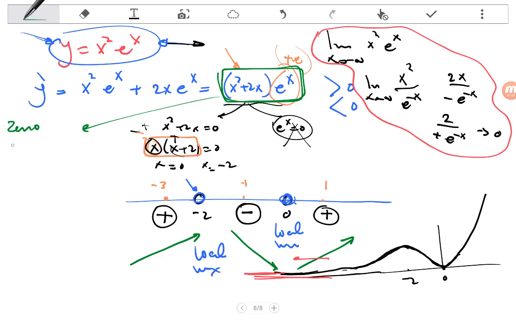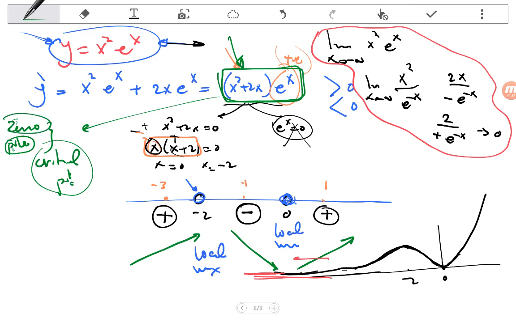The zeros and the poles of the derivative, when the derivative is equal to 0 or equal to infinity, which makes the derivative not exist, are called critical points. Okay?